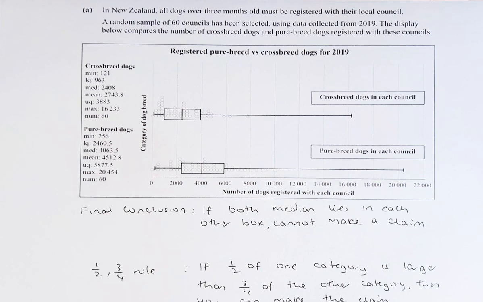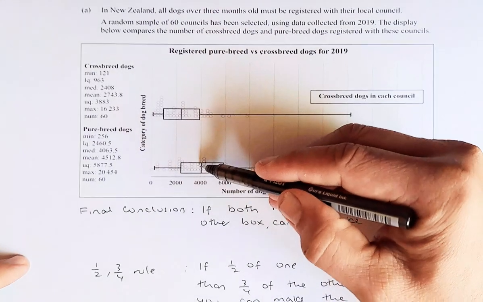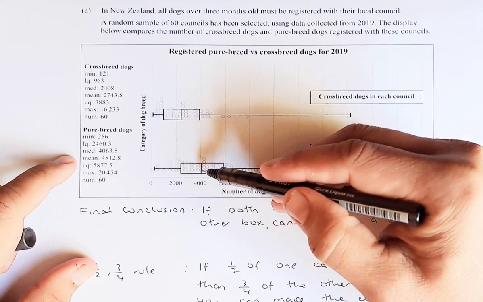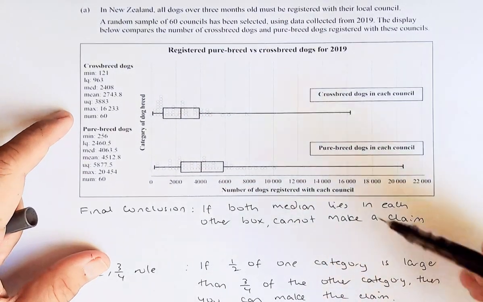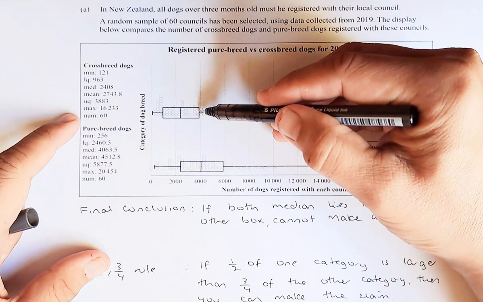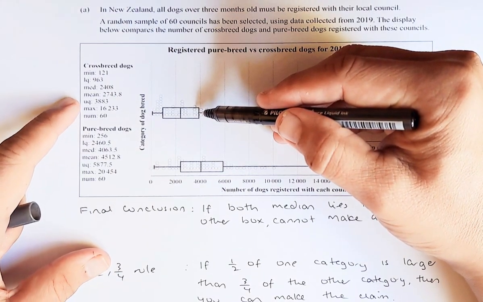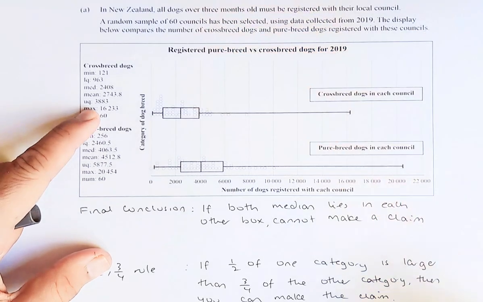In our case, half of the purebred dog, the median, is 4,063.5. And the upper quartile, or the 75% or 3/4 of the other category, is 3,883.